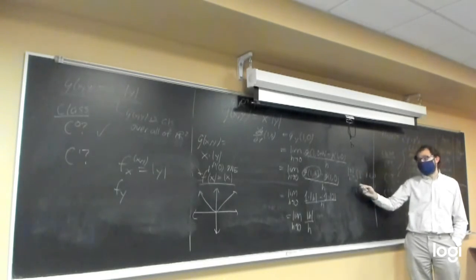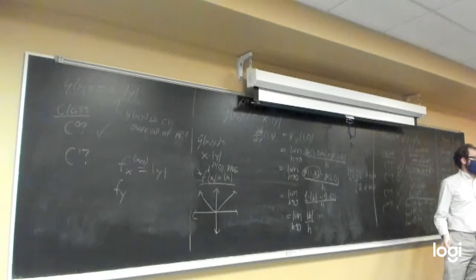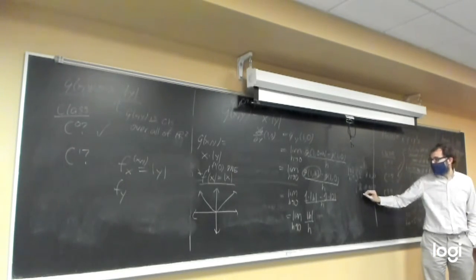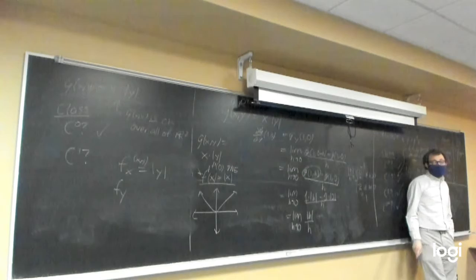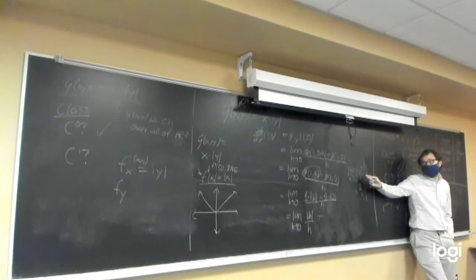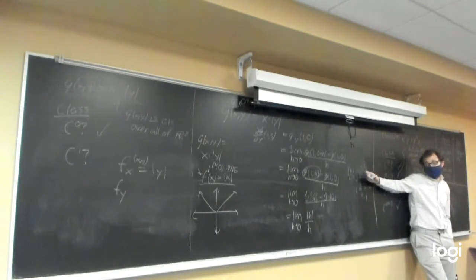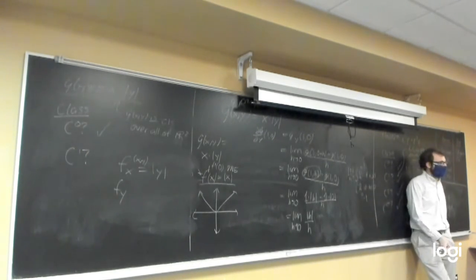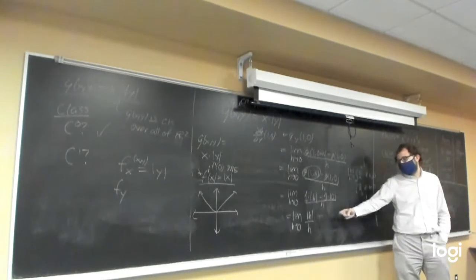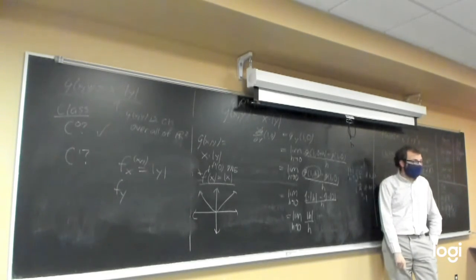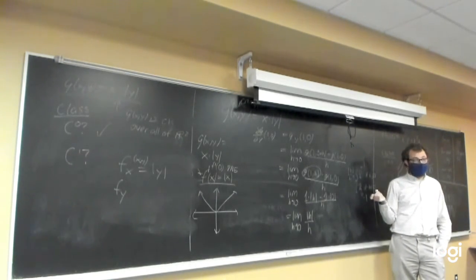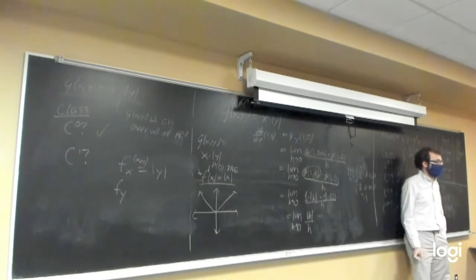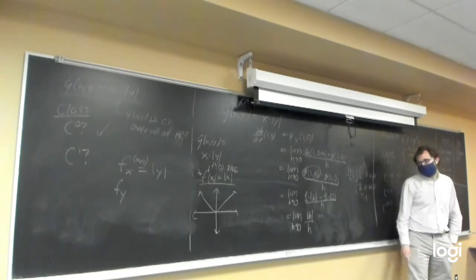For a negative h, it spits out the positive version, which will be negative h. So if the limit as h approaches 0 from the right comes out to be 1, and if the limit as h approaches 0 from the left of this expression comes out to negative 1, what's going to be the limit as h goes to 0 of absolute value of h over h? If it's always going to be 1 to the right of 0, it's always going to be negative 1 to the left of 0. Yeah? Does not exist.